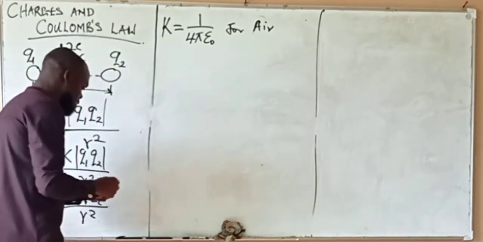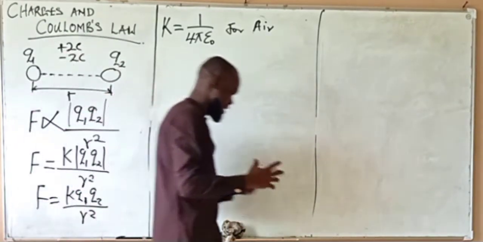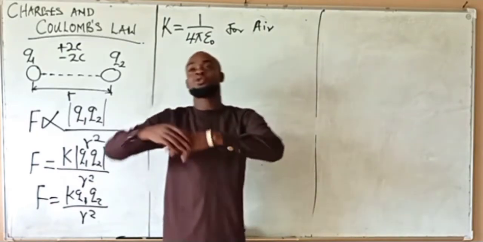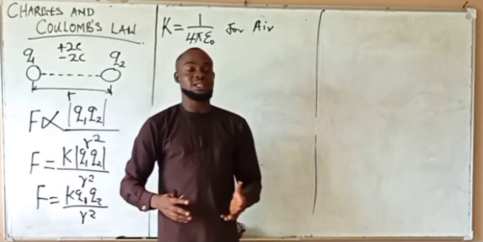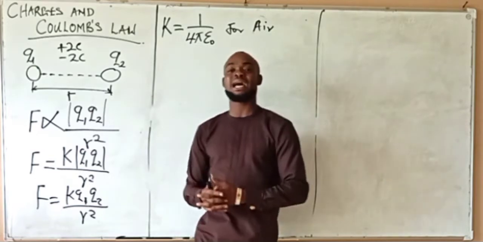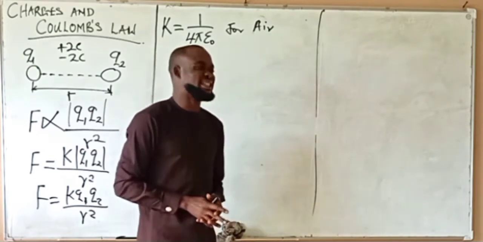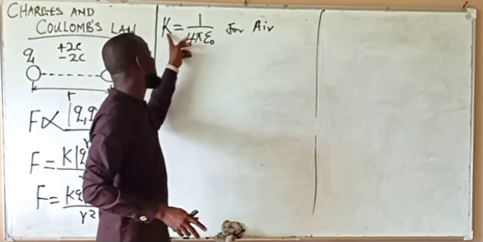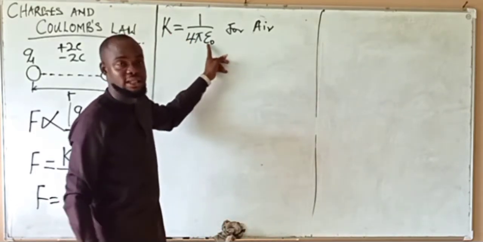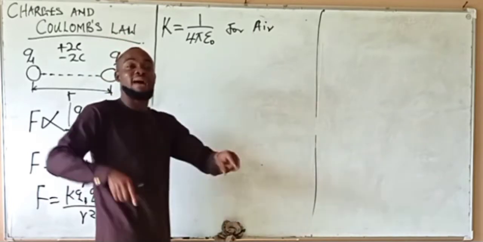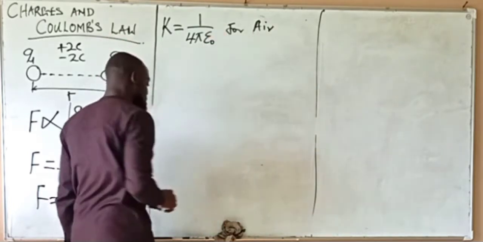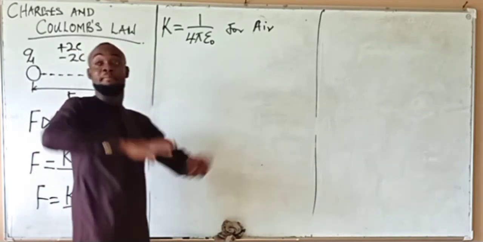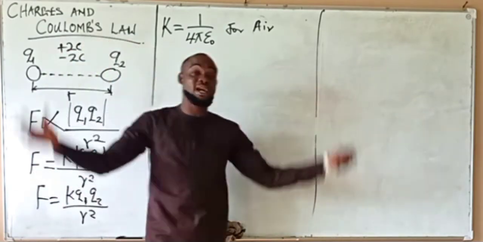Because there are what we call mediums like air, water, oil, some solutions. There are mediums in which you can perform an experiment. And all these mediums have what we call dielectric constants that affect this K directly by multiplying this epsilon naught with the dielectric constant of that medium, because this epsilon naught is called the permittivity of free space.